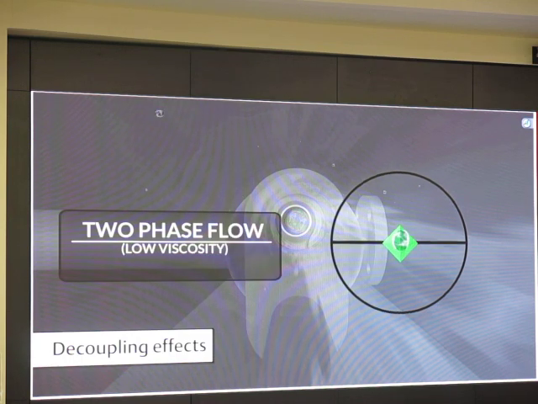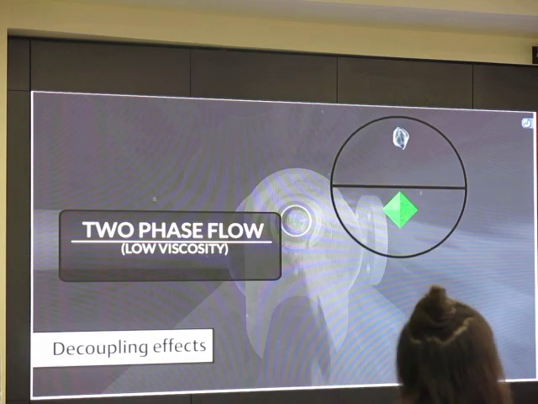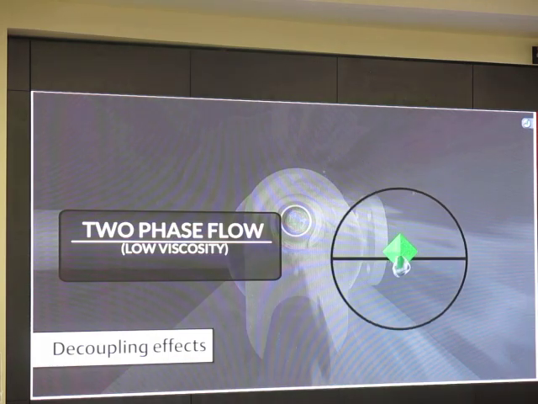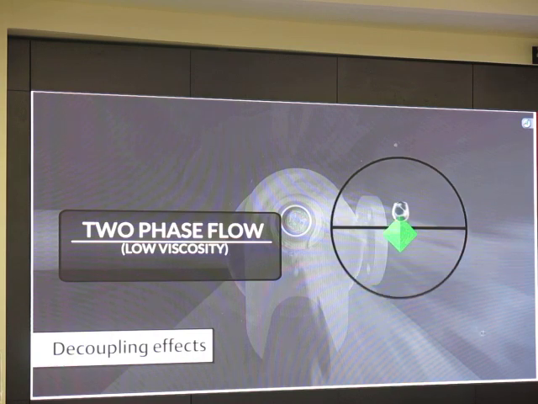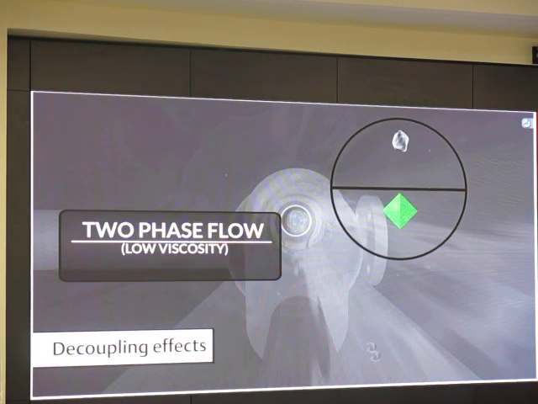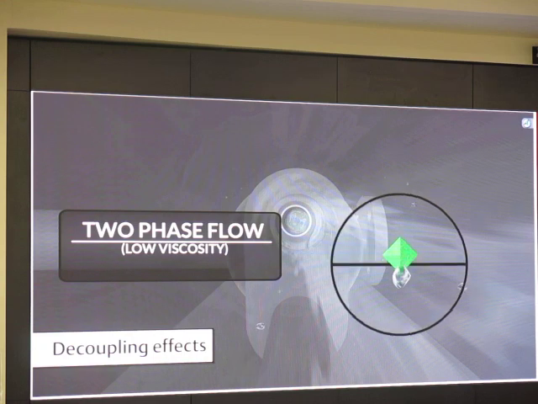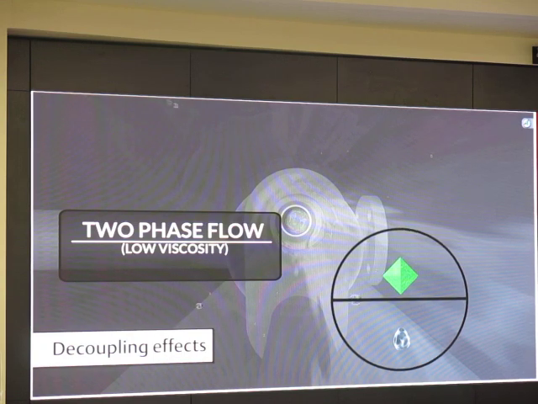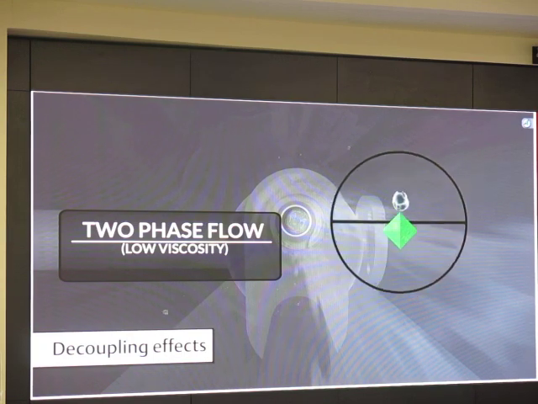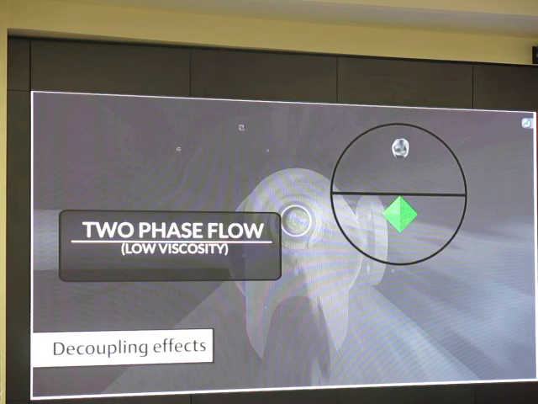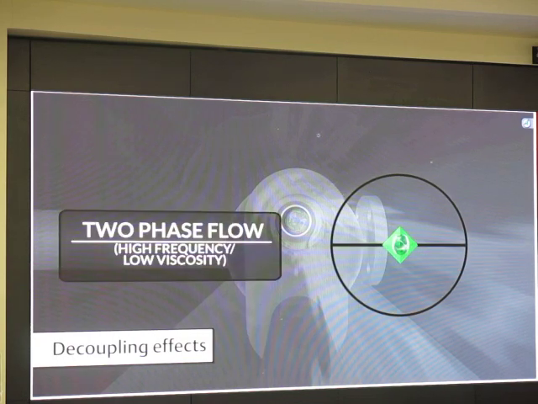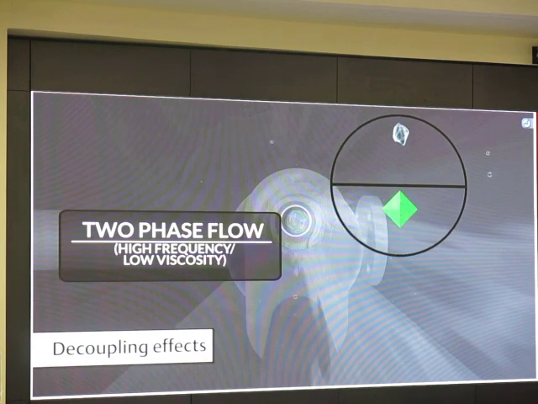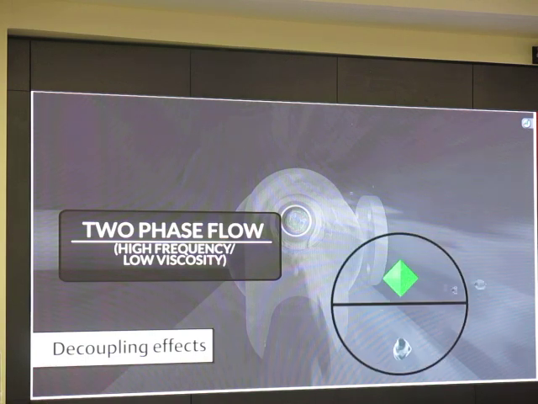In the case, however, of two-phase flow with low viscosity, it turns out that the bubble can move further on each oscillation than it could when there was higher viscosity. And what this causes is even greater error inside the tubes because the fluid is moving separately from the tubes. In the case of high frequency, low viscosity, we basically have a worst case scenario.